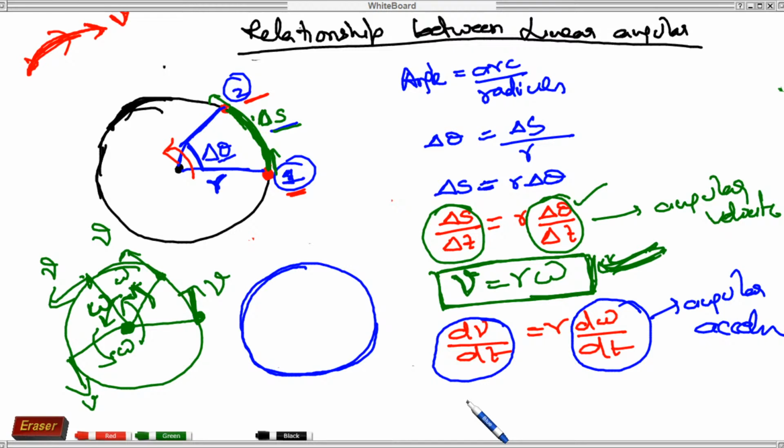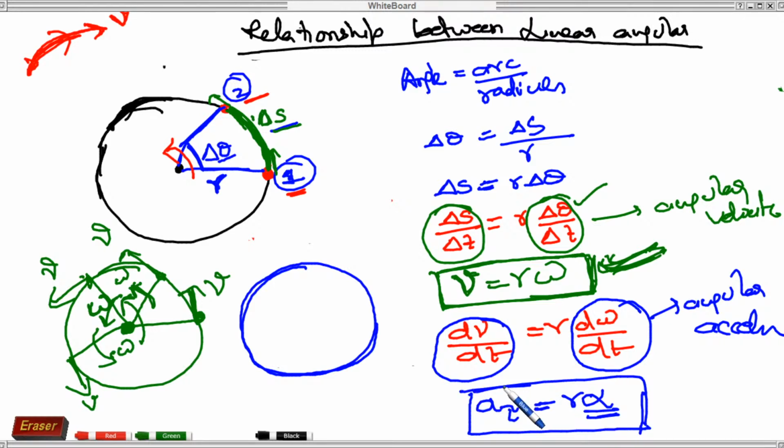So we can write tangential acceleration a t is equal to r alpha. Alpha we saw a few minutes back. This is another relation you can see.